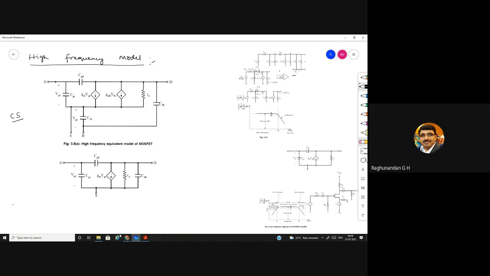But when you consider the effect of these junctions compared to the main junctions created between the gate to drain and gate to source, the effect of source to body will be ignored. The effect of source to body will be ignored because anyhow we are grounding the source terminal. When you are grounding the source terminal in common source configuration, the effect of CSB can be ignored.